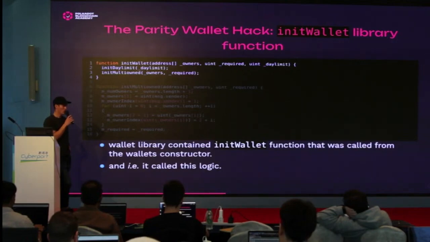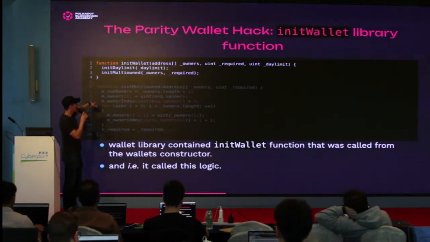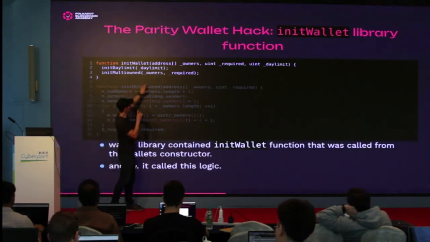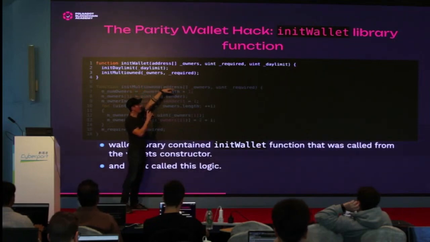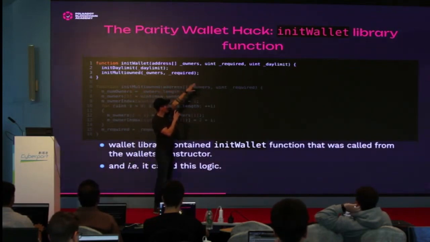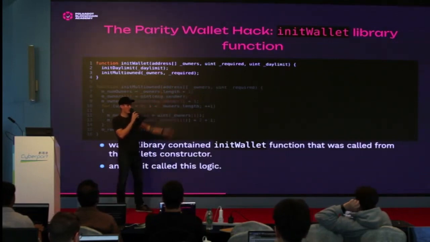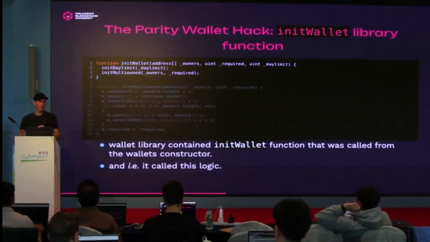No, you just reinitialized whatever this was writing. So the only variables he needed access to were the day limit, the owners, and how many of the owners are required. So he wrote, I am the owner, the threshold is 1, and you can withdraw up to a gazillion Ethereum a day. Okay.